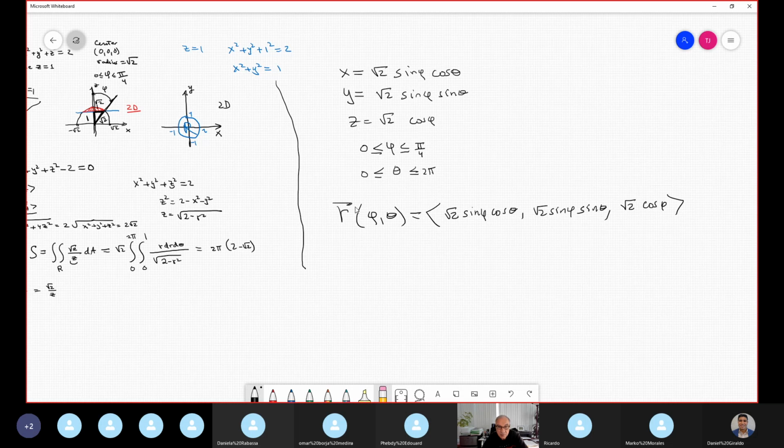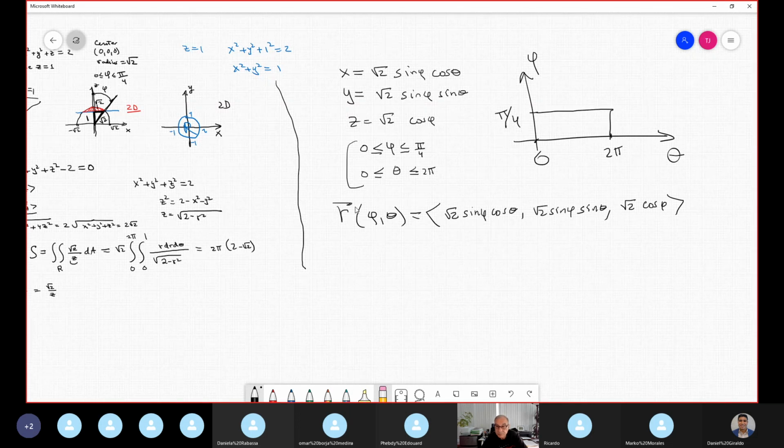And this is my domain. I can represent it graphically like that. This is theta and this is phi. Theta from 0 to 2 pi, phi from 0 to pi over 4. This is my domain in which I set up my double integral.